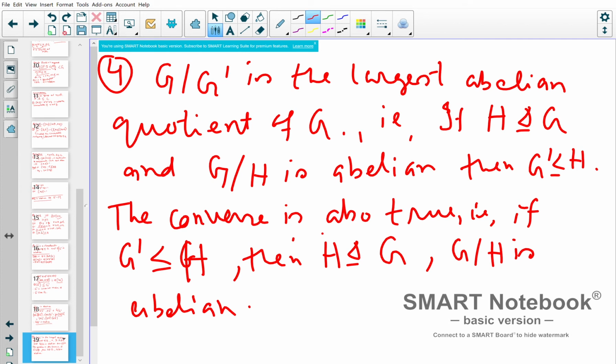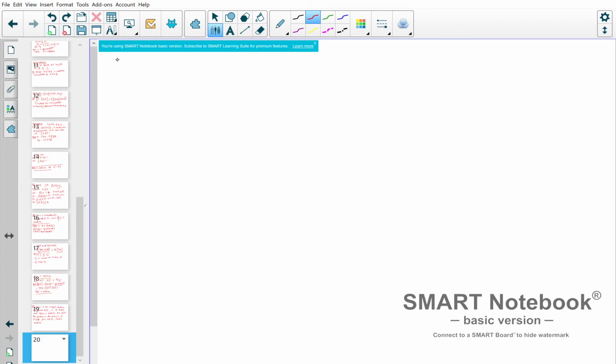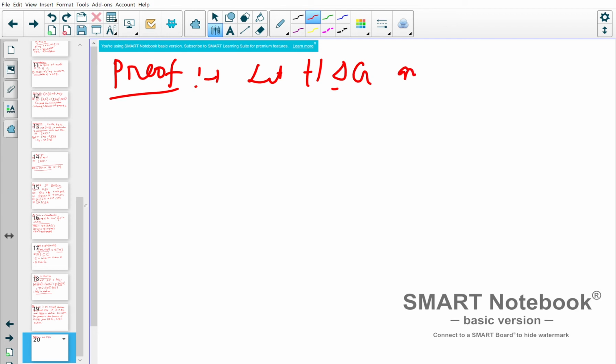Now this requires a proper proof because this is a very important idea. The proof is not very difficult. So let us prove the first part first. I am assuming that H is a normal subgroup of G and G mod H is abelian.